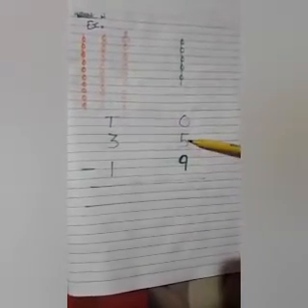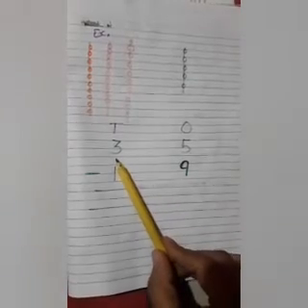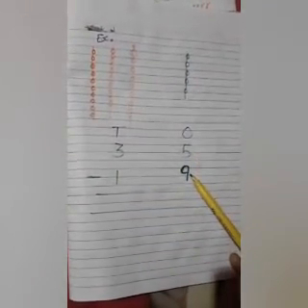Now we can understand with this example. We have 3 tens and 5 ones, and 1 ten and 9 ones. We have to subtract 9 from 5. We cannot subtract because we need to borrow from the 3 tens, because 5 is a smaller number and 9 is a bigger number.